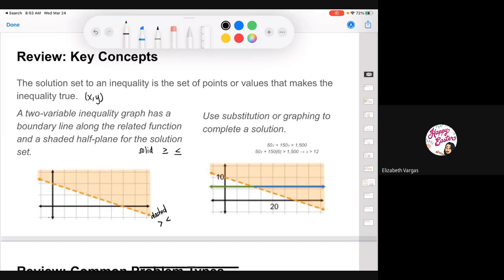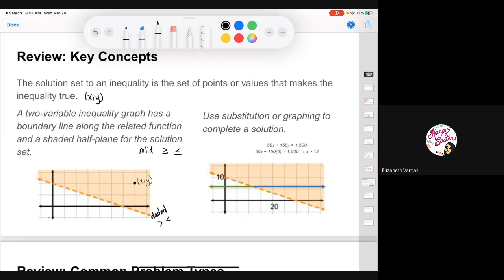And we know how to solve for which part of the set we need to shade by selecting a coordinate. When I plug that X and Y value into my inequality, if that proves the inequality to be true, then I know to shade that half of the coordinate grid.